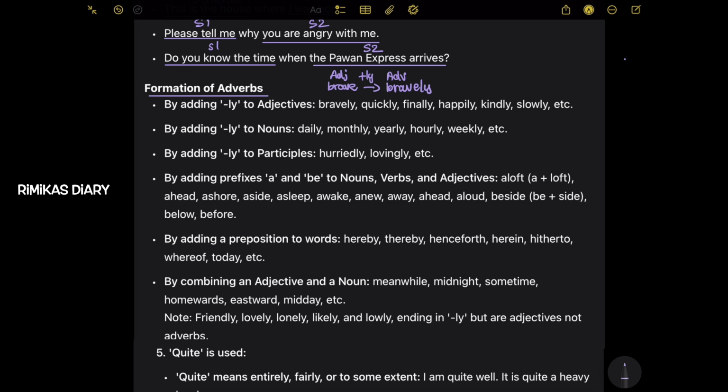It's the same thing for others. Quick is an adjective and you add ly to make it into an adverb. So bravely, quickly, finally, happily, kindly, slowly, etc.